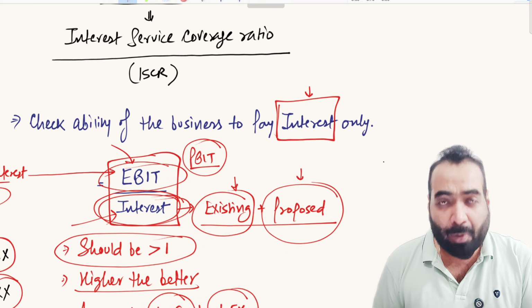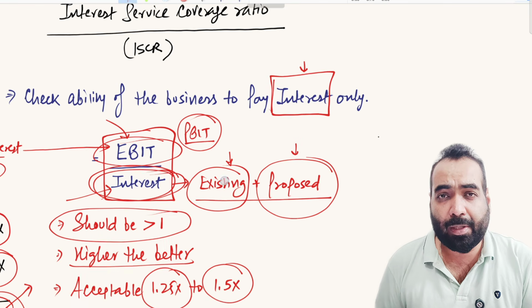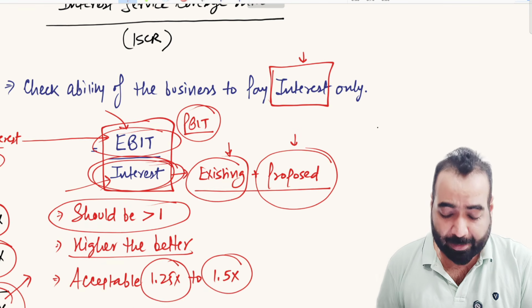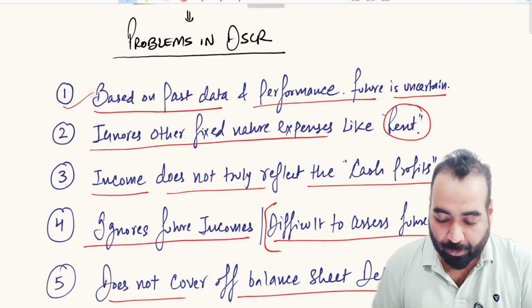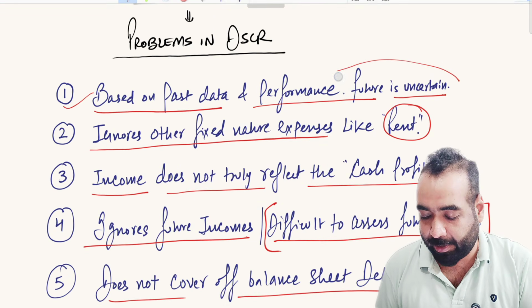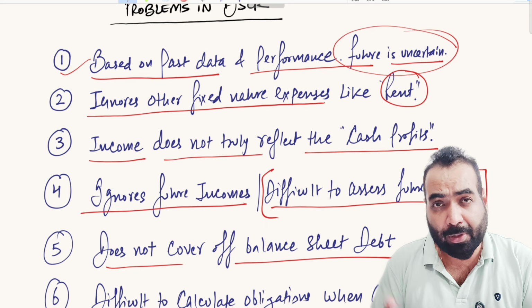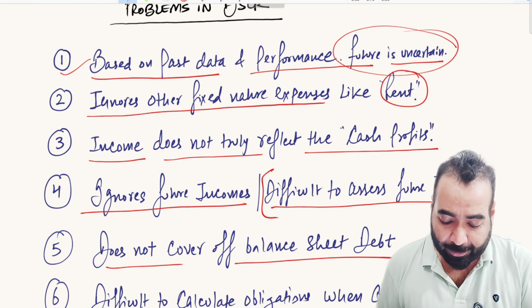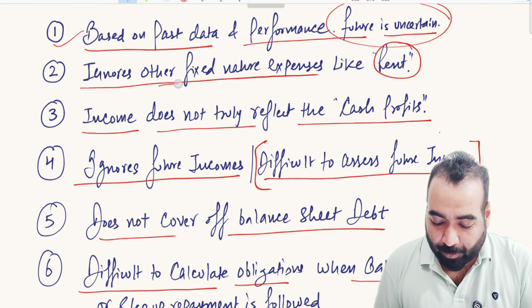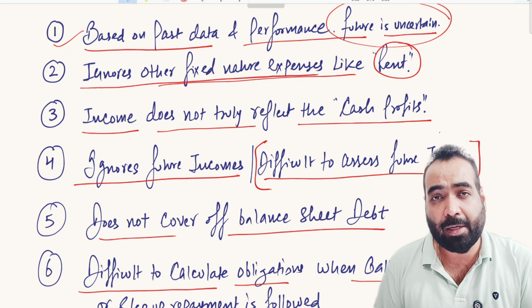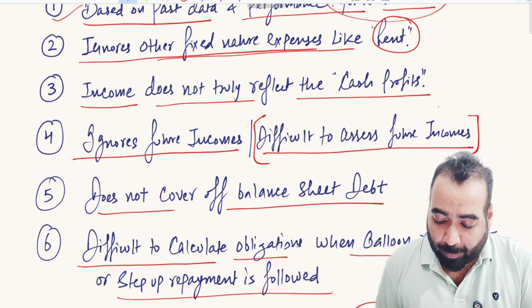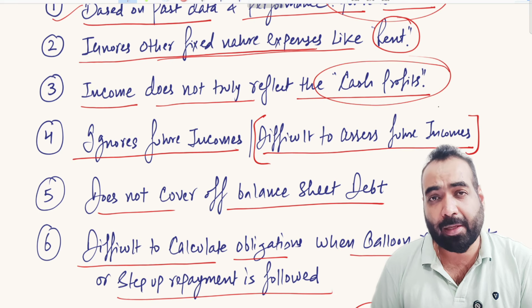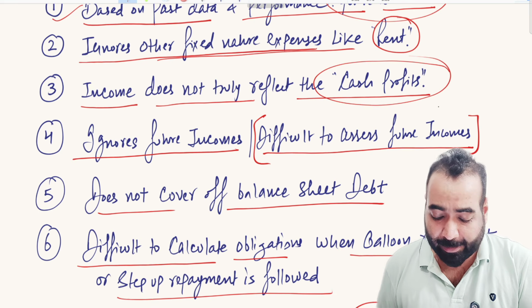When we talk about the interest service coverage ratio, there are some drawbacks as well, like DSCR. Like in DSCR, it is also based on past data and performance, and the future is uncertain. It does not take into account the principal obligations. It does not take into account other expenses which are fixed in nature. EBIT does not truly reflect the cash profits. The drawbacks are similar to DSCR.